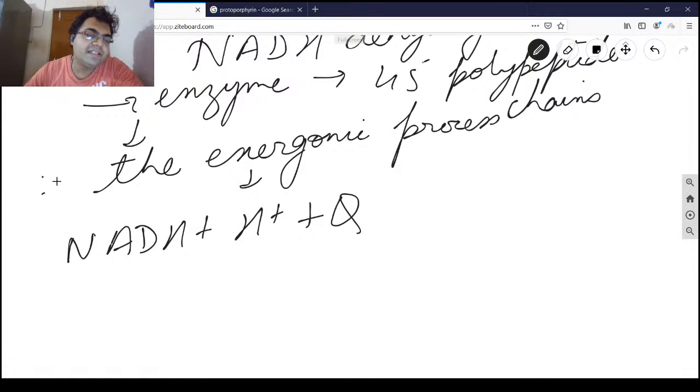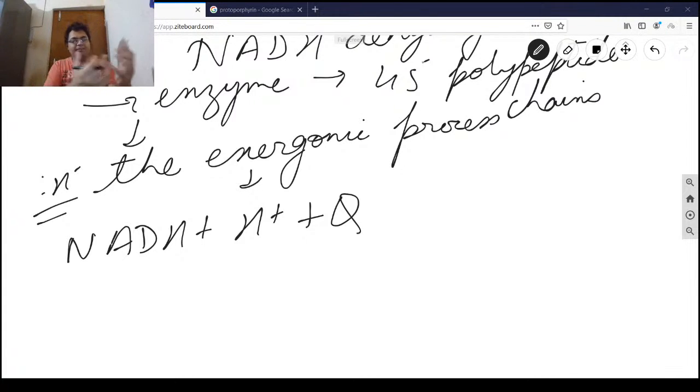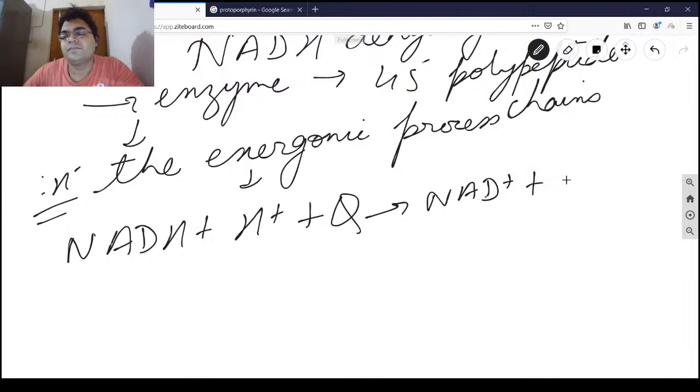Okay, now when the hydride ion has been accepted by the ubiquinone, what you will get is NAD plus QH2.